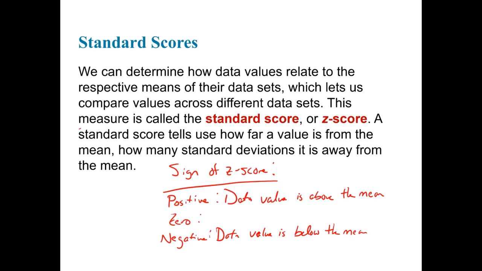What do you think it means if your z-score is 0? It is the mean. So if your z-score is 0, it is the mean, because if it's the number of standard deviations away from the mean, and it's 0, then it's no standard deviations away from the mean, so your data value is the mean.